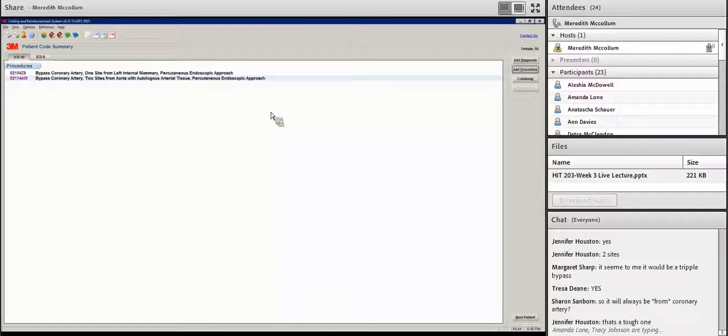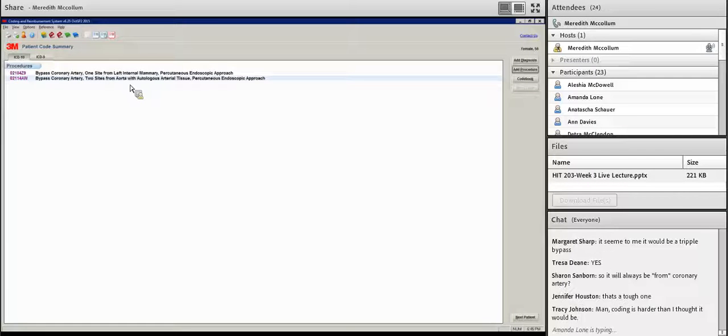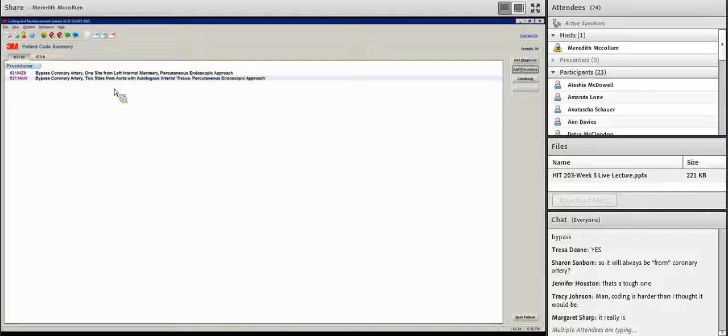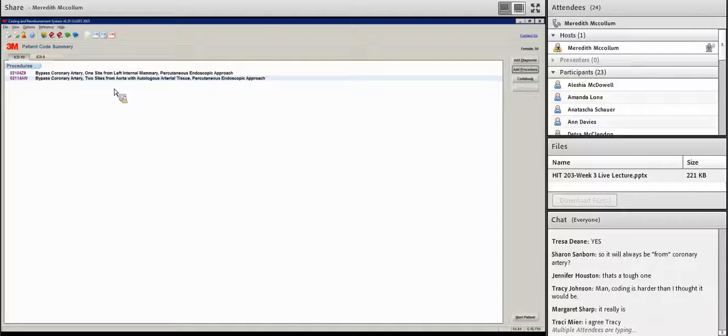No, it will not always be from the coronary artery. You're bypassing the coronary arteries. It can come from the aorta, or it will come from the mammaries, or it may come from another coronary artery. Yes, Tracy, coding is very, very hard.